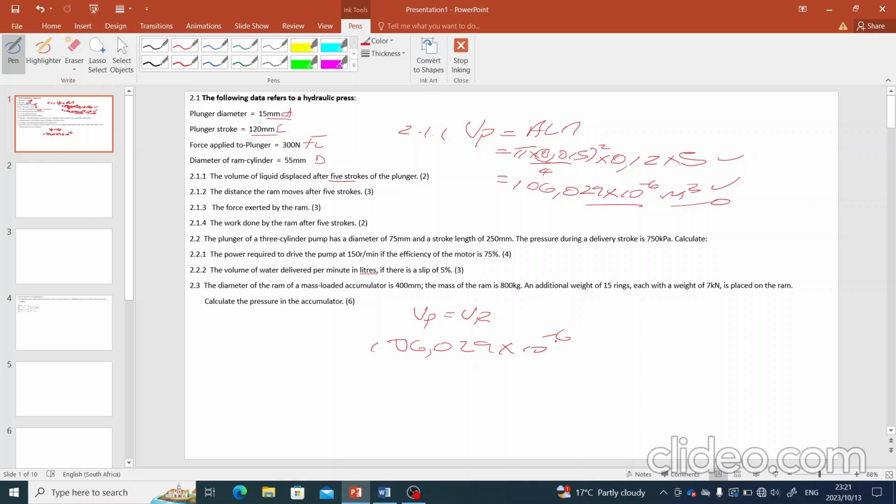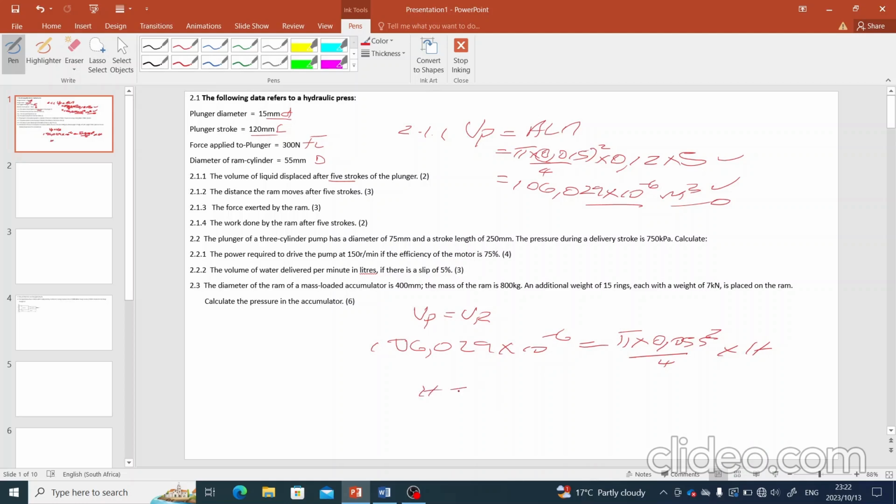The distance the ram moves after 5 strokes equals the area of the ram, 0.055 squared divided by 4 multiplied by h.